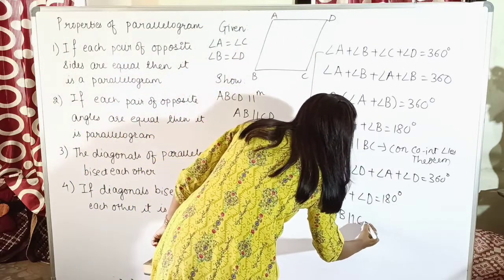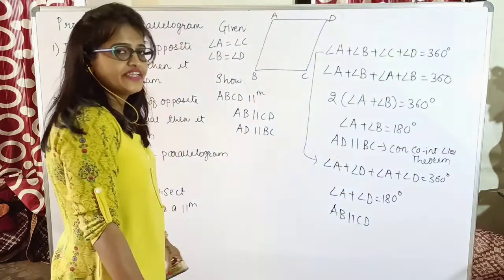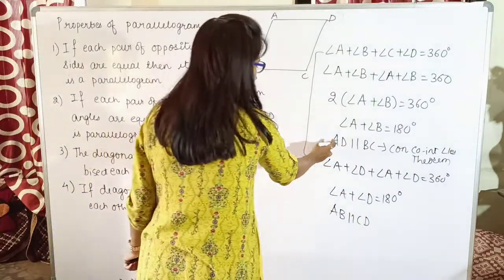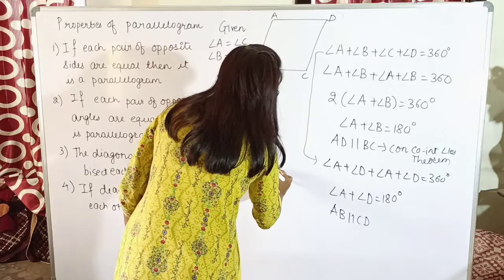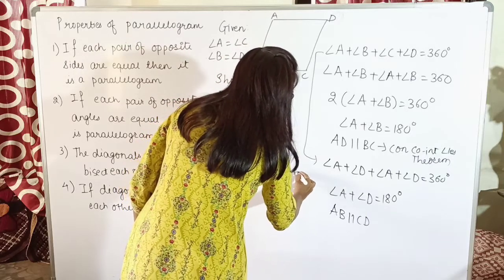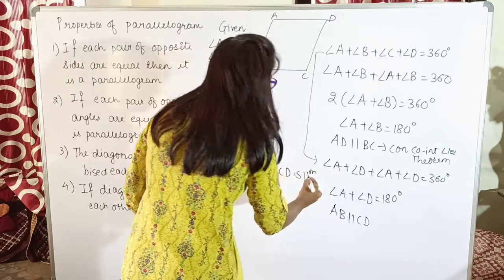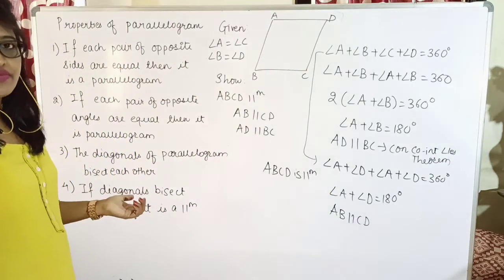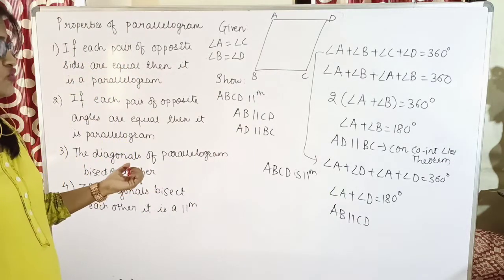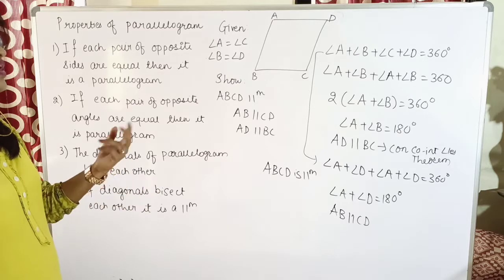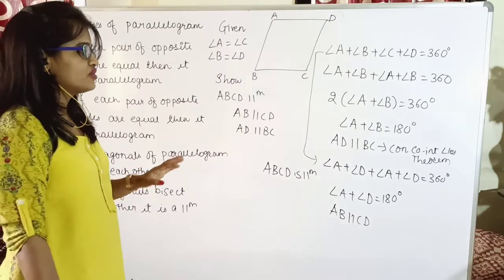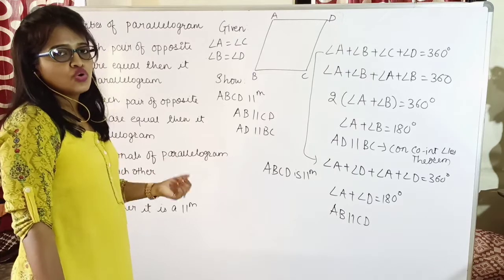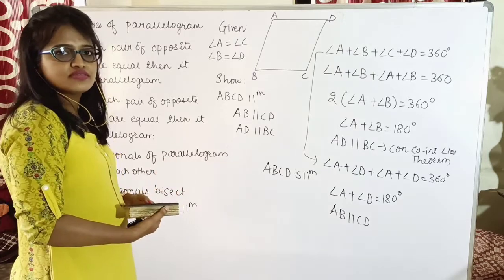Again the same reason, converse of co-interior angle theorem, and from these two I can say ABCD is a parallelogram. Okay, so this was the converse theorem. The straight theorem: if a parallelogram, opposite angles are equal. Converse: if opposite angles are equal, then it is a parallelogram. For that we have made use of converse of co-interior angles theorem.